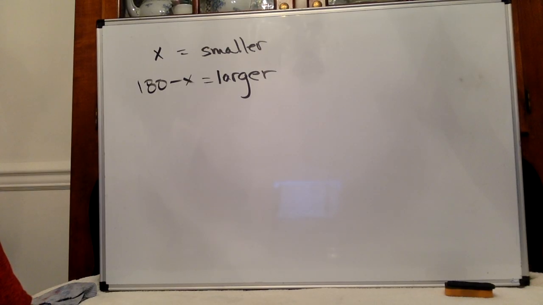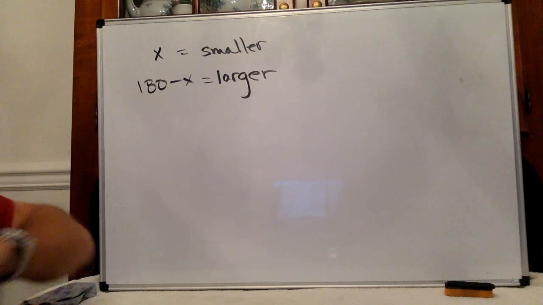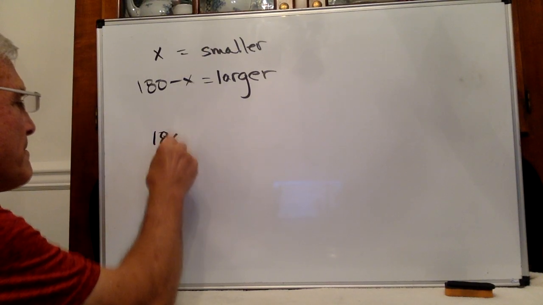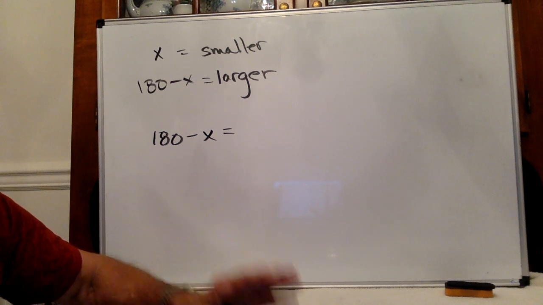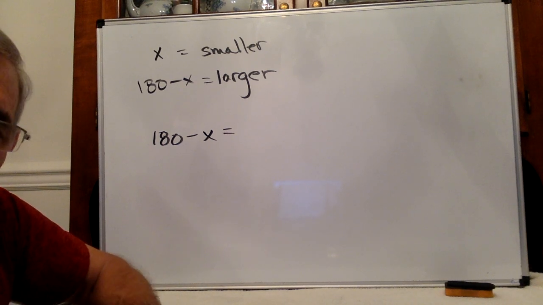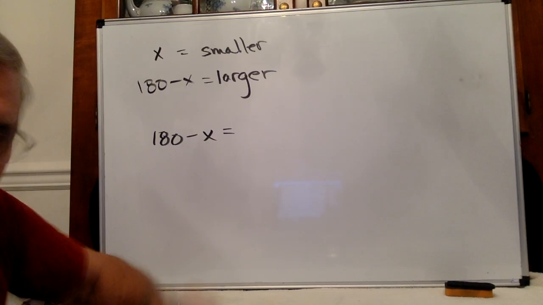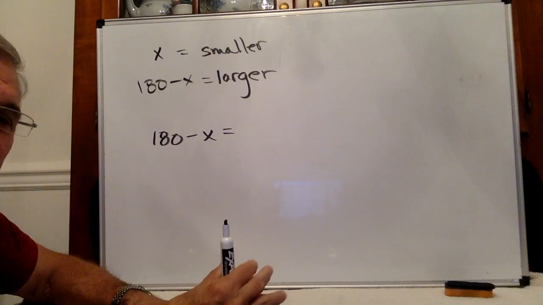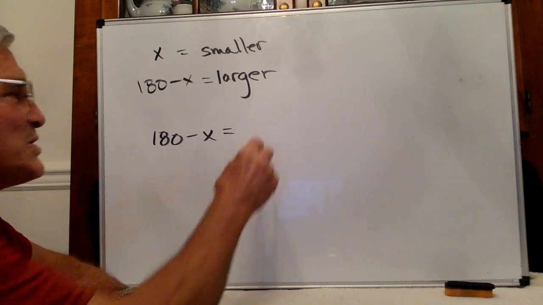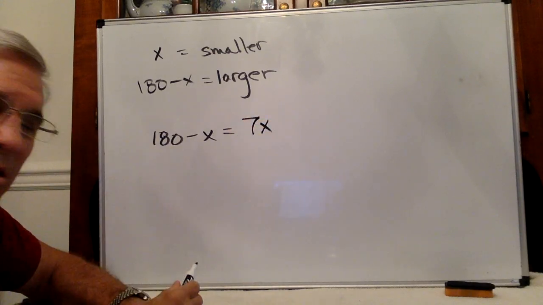It said the larger of 2 supplementary angles is 4 bigger than 7 times the smaller. This, the larger, is 4 more than 7 times the smaller. Well, 7 times the smaller is 7x.